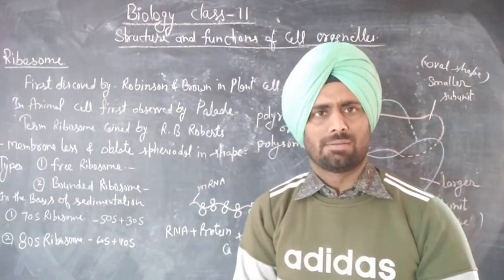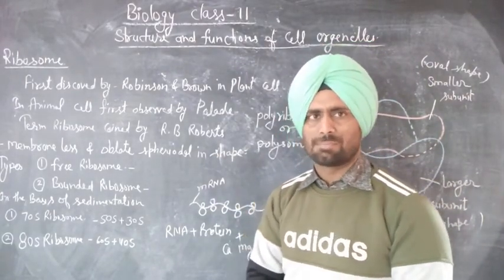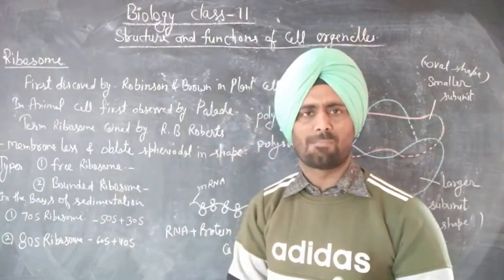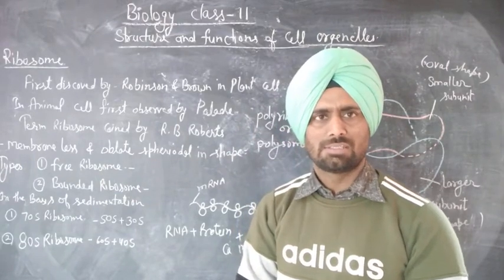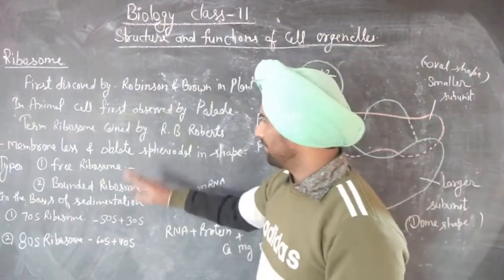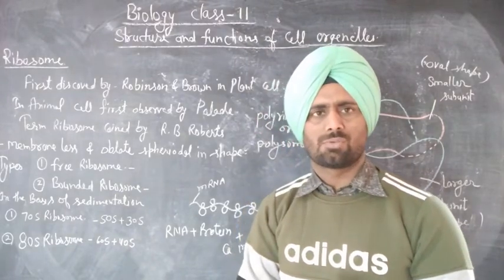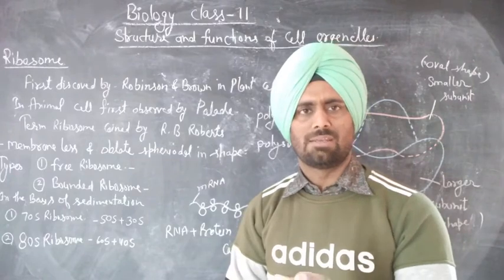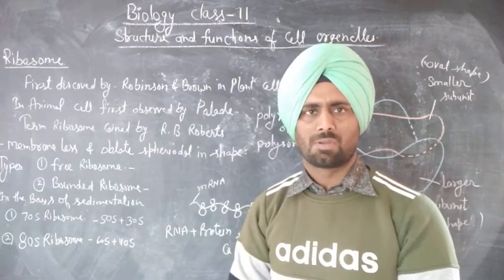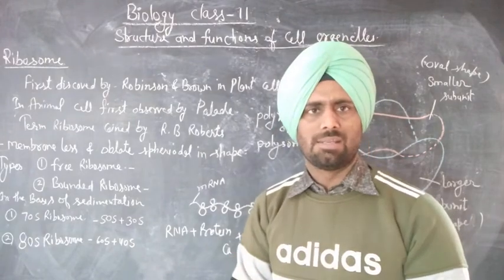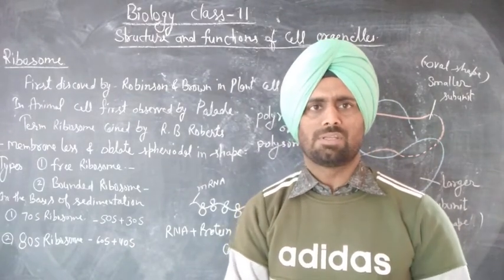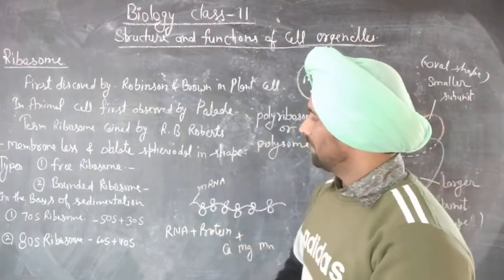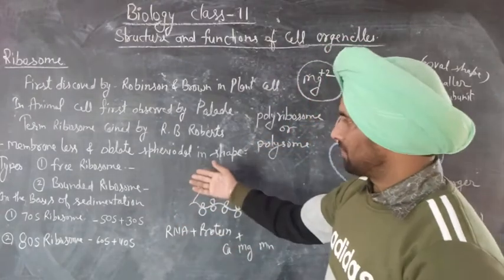Ribosomes are of two types on the basis of presence in the cell. First is free ribosomes. Free ribosomes are those ribosomes which are found freely in groups in the cytoplasm.